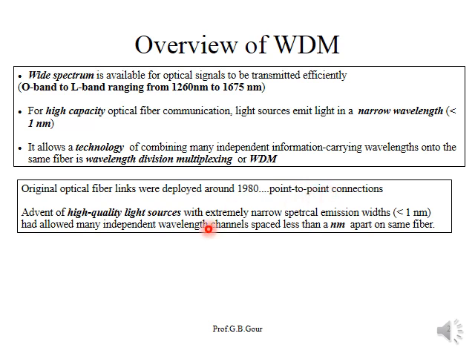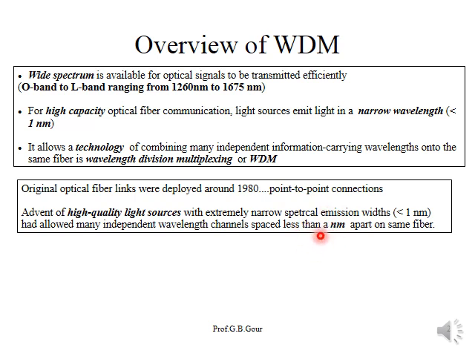But with the development of high quality, coherent light sources like lasers, which generate a single ray of light with a unique wavelength, and that too with a spectral width reduced to even less than 1 nanometer, this is the main reason, the source of evolution, for this technology WDM.